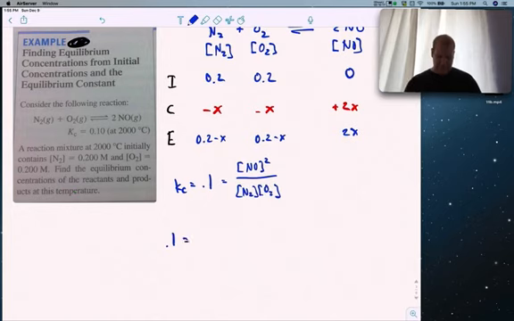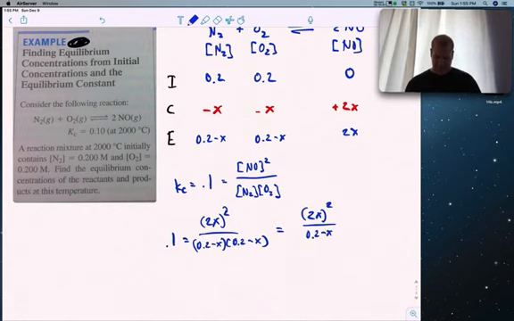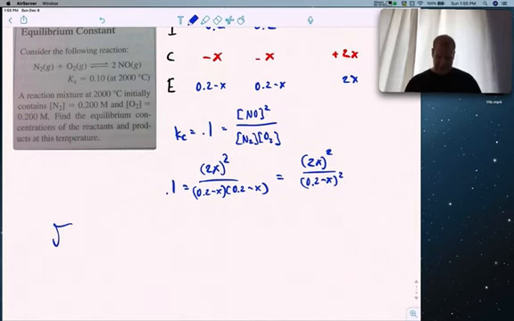So 0.1 equals 2x squared all over 0.2 minus x, 0.2 minus x, which equals 2x squared over 0.2 minus x squared. What's nice about this is we can take the square root of both sides. The square root of 0.1 is 2x over 0.2 minus x.